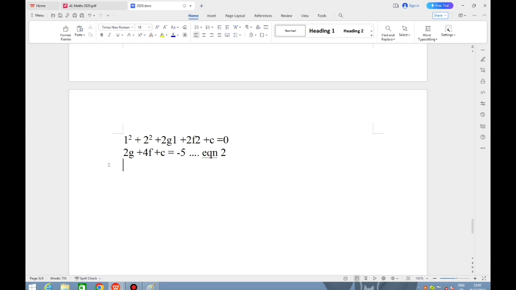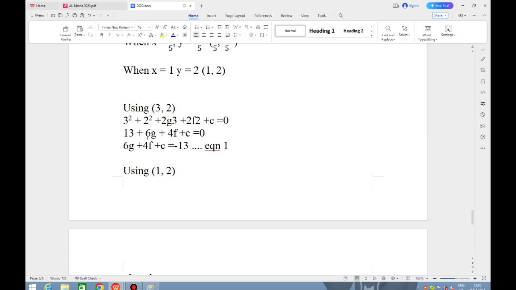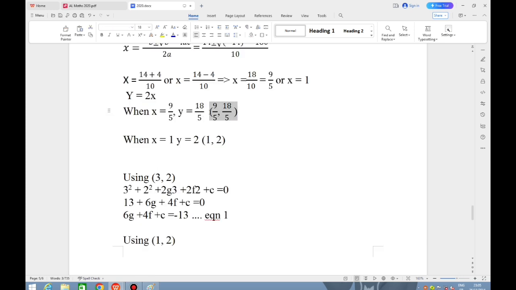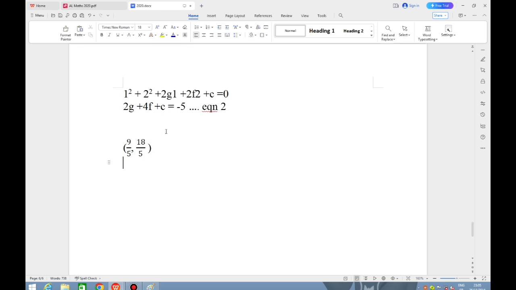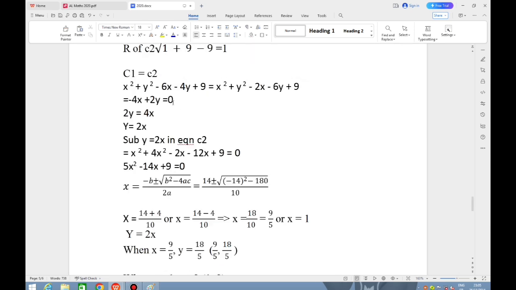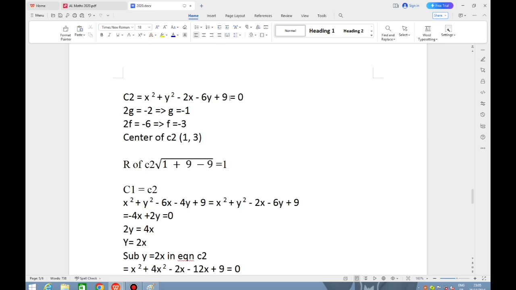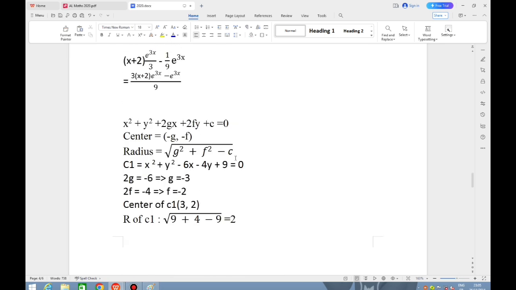And now moving on, we use the last set of values, which are 9 on 5 and 18 on 5, into the general equation of the circle, which is this.